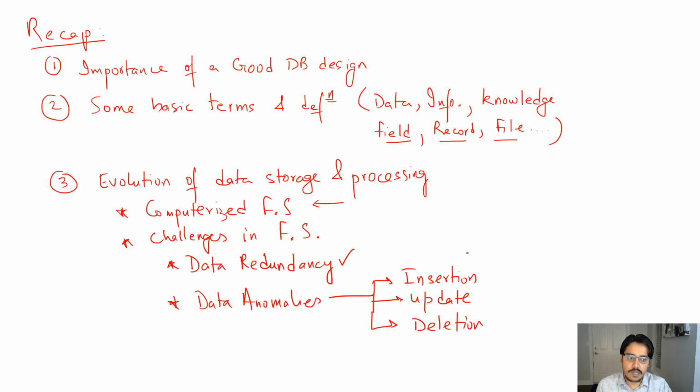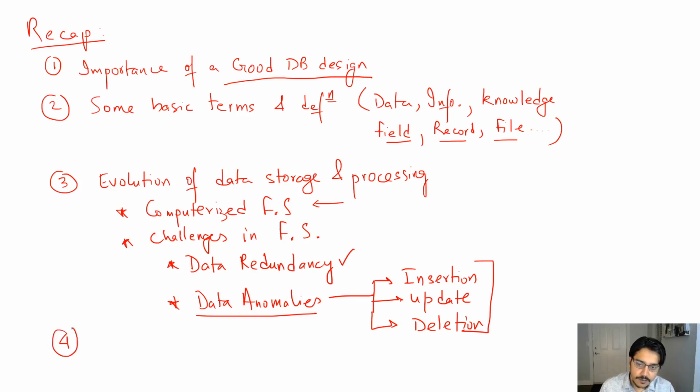We discussed these anomalies with respect to the example of the importance of good database design that we were discussing previously. And then we finally introduced ourselves to the database system environment, just a brief introduction.